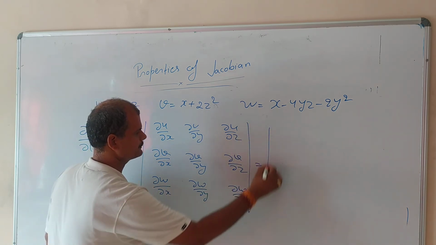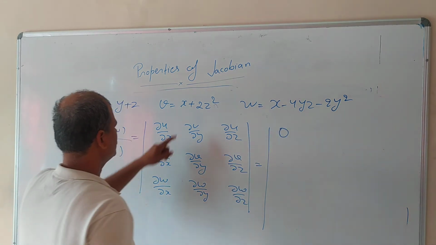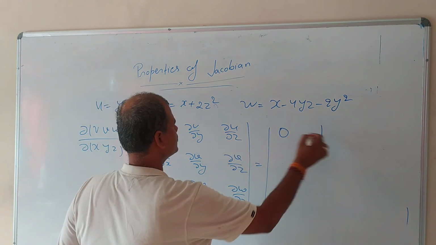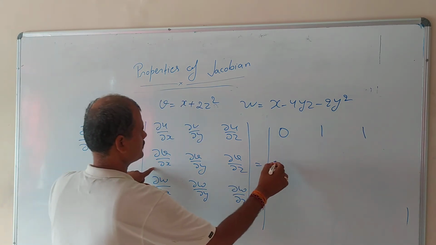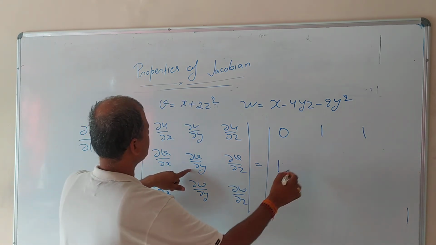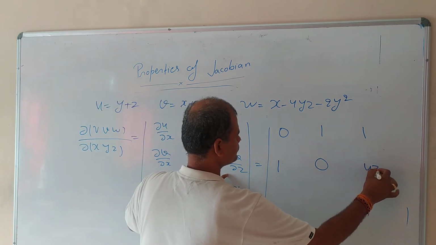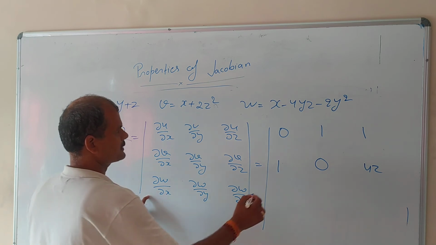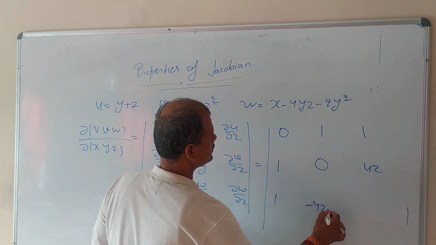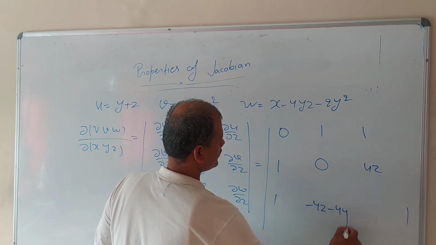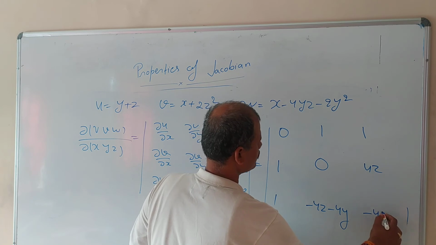So del u by del x is 0, del u by del y is 1, del u by del z is 1, del v by del x is 1, del v by del y is 0, and del v by del z is 4z, del w by del x is 1, del w by del y is minus 4z minus 4y, and del w by del z will be minus 4y.